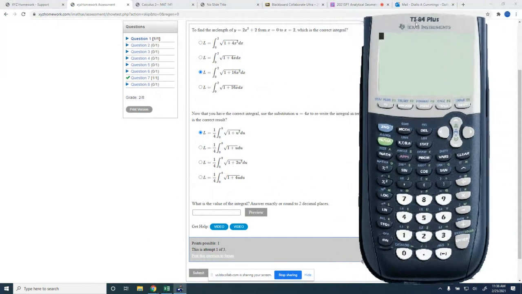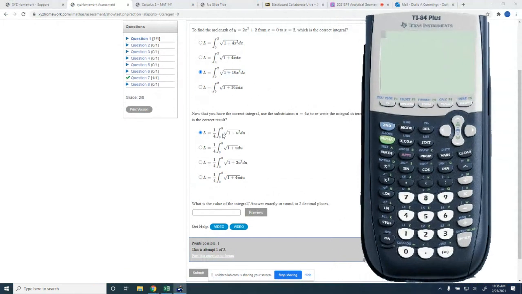All right, so when you're using the calculator, you can use either one of these two functions. So I'm going to put in this first function. Well, I actually put in both just to show you that they're exactly the same.